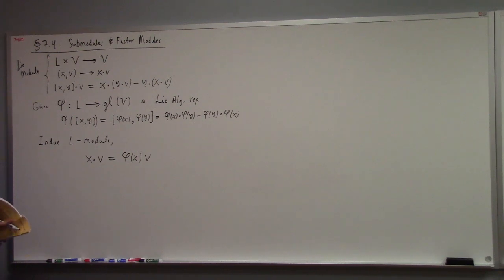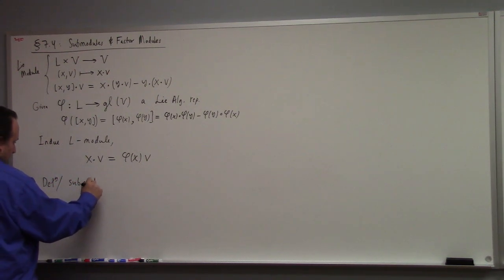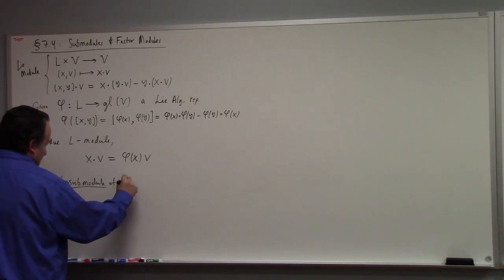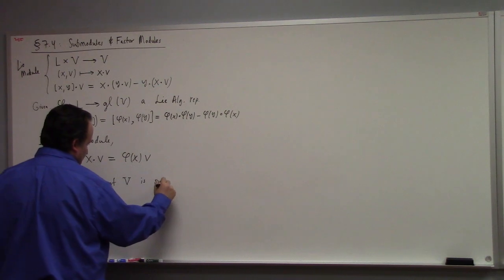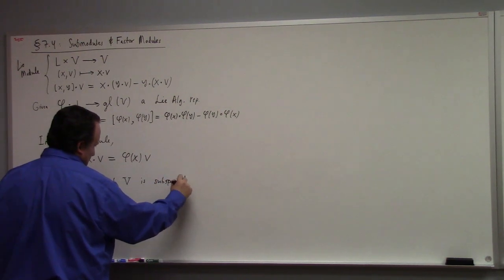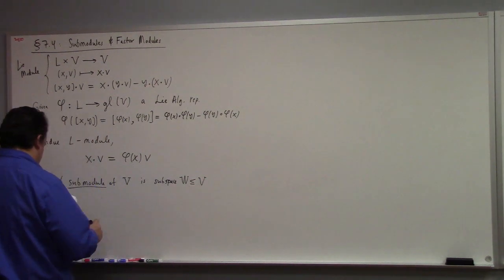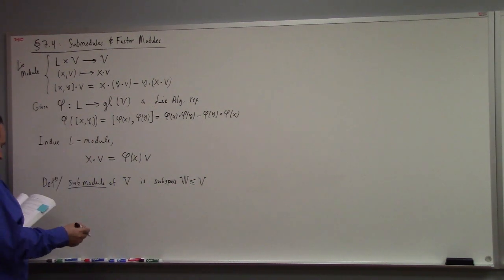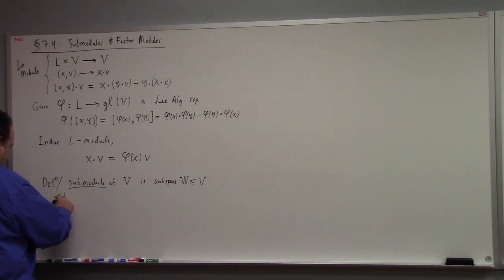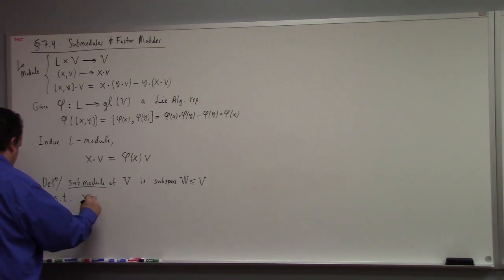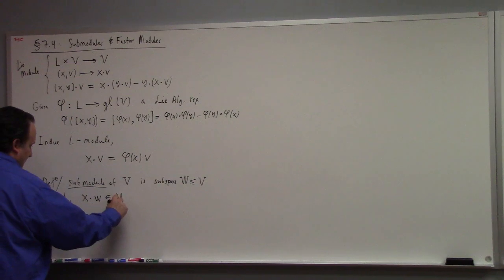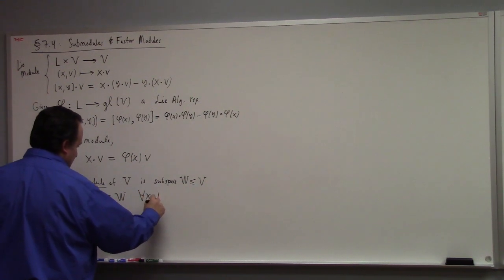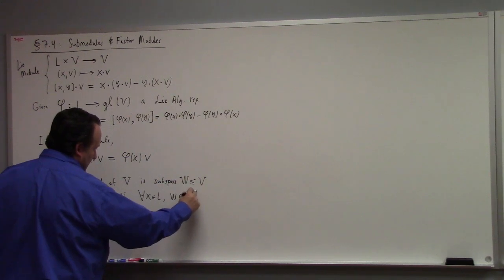Okay, so given all that, we can then talk about submodules. Well, a submodule of V is a subspace W of V that's invariant under the action of L, such that x dot w is an element of W for all x in the Lie algebra and w in the subspace.